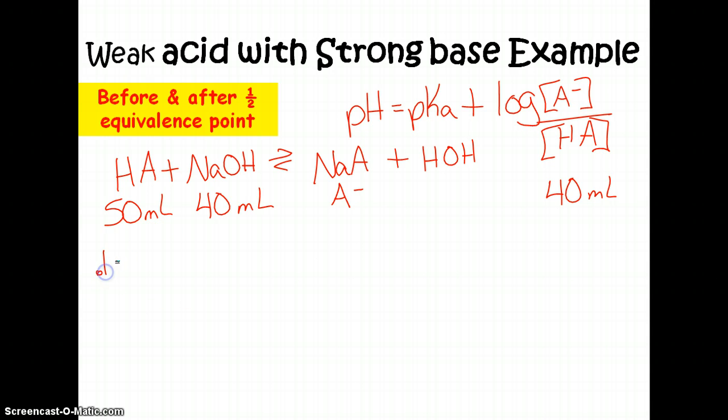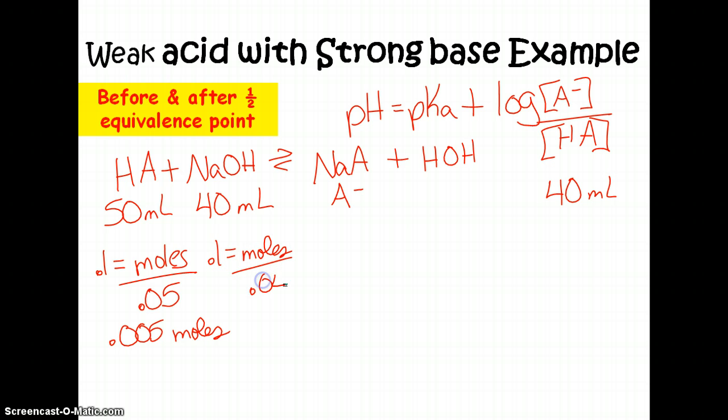I knew the concentration of my acid was 0.1, that's molarity, which is moles over liters. So this gave me 0.005 moles of the acid. I did the same thing with the base, except this time I had 0.04 liters, so now I have 0.004 moles.